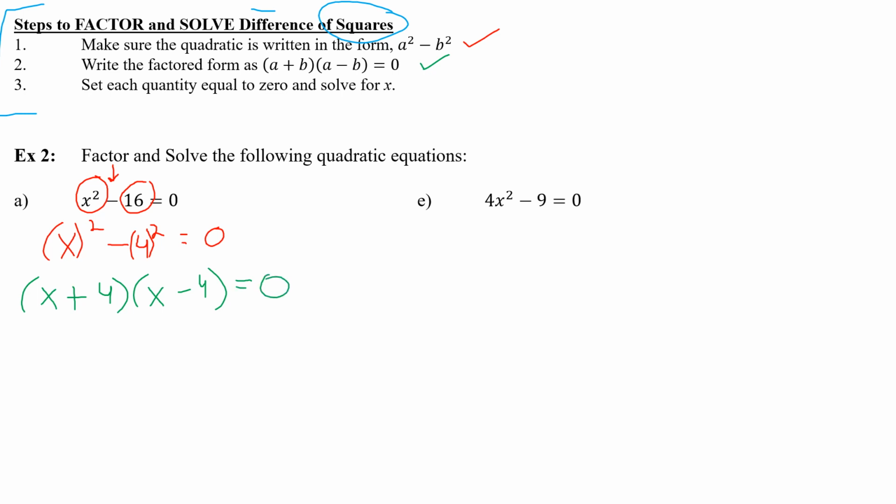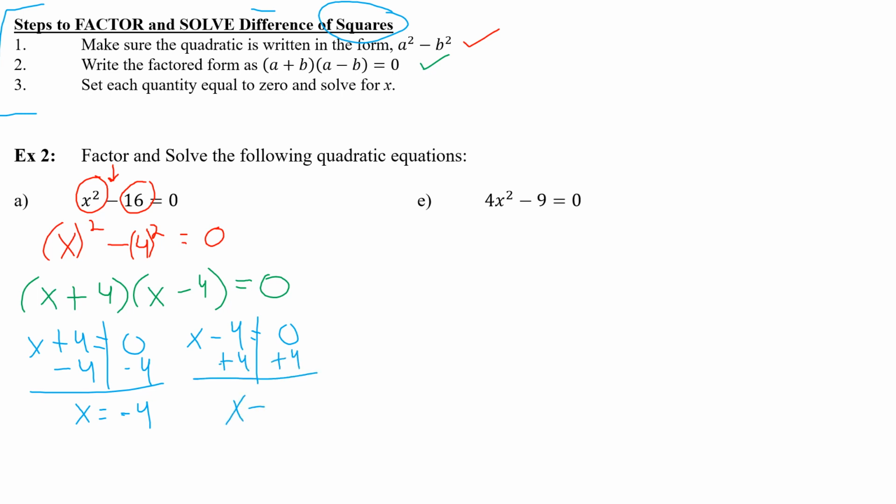And then step 3 says set each quantity equal to 0 and solve for x. So we have x plus 4 is equal to 0. And we have x minus 4 is equal to 0. Solving each one, we're going to subtract 4 from the first one. Turns out x is equal to negative 4. For the second one, we're going to add 4 to both sides. And x is going to be equal to 4.